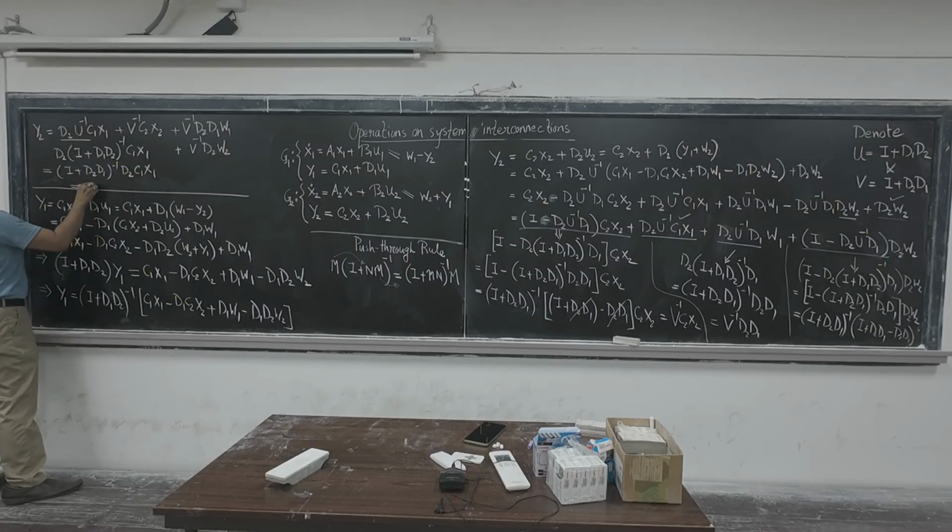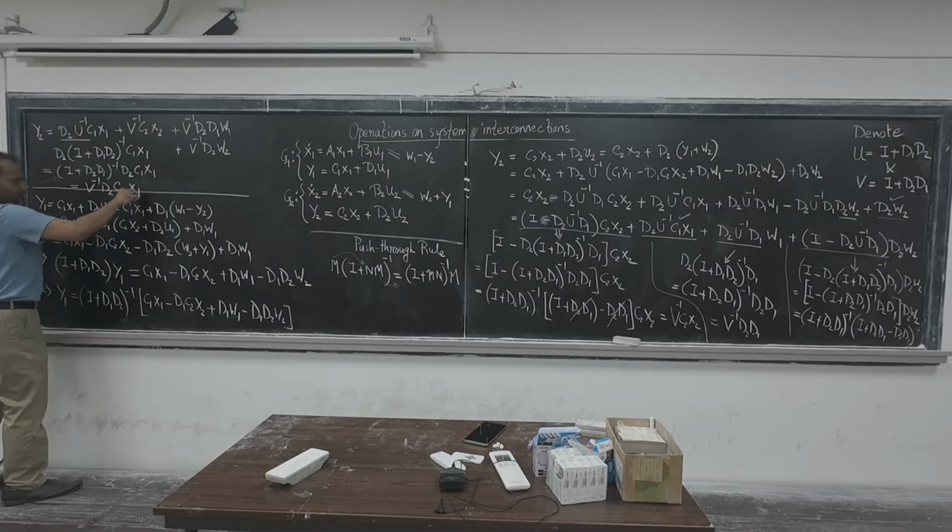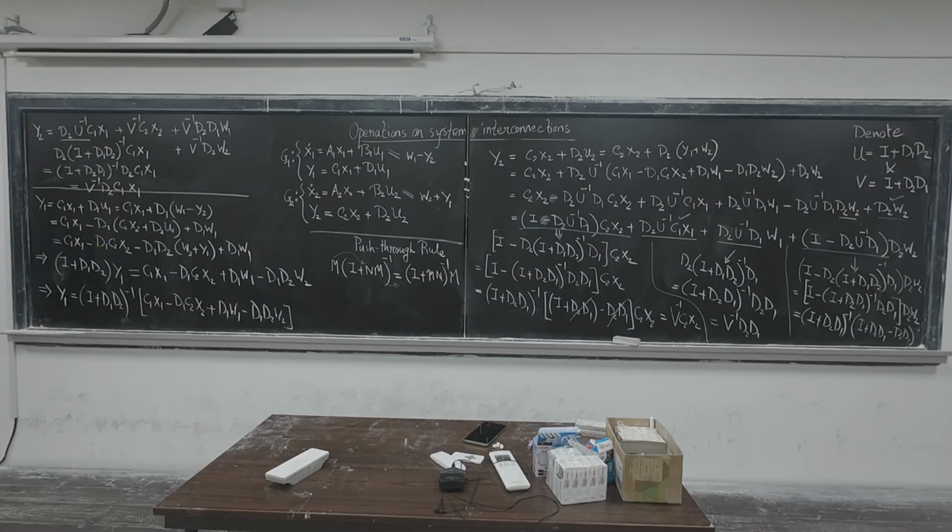And now that is going to be V inverse D2 C1 X1. Is it fine for all of you? This push rule is very funny, isn't it? I hope this is the first time you are doing this long derivation, right? But it will help you later.